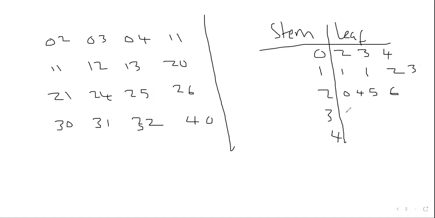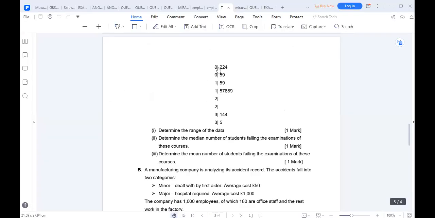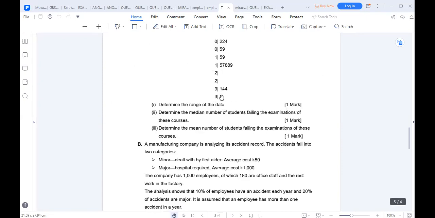The threes, we have 30, 31, 32. The fours, we have 40. So when you see something like that, that is a stem and leaf diagram. This should help you understand what this is all about.